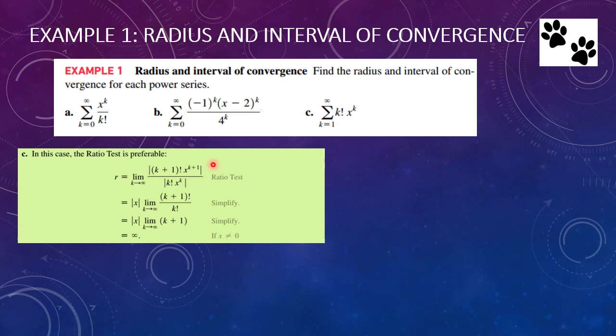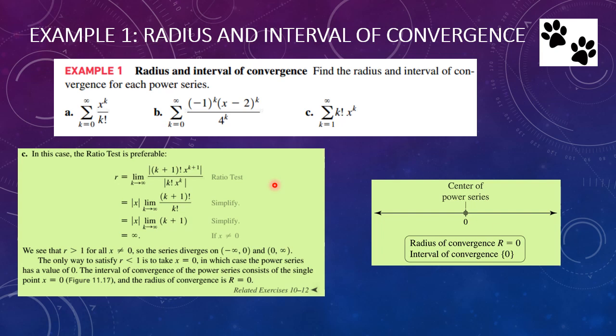Again, this is similar to before, where we'd have k plus 1 factorial over k factorial, and x to the k plus 1 over x to the k. So this just simplifies into the absolute value of x times k plus 1. And again, similar to part A, that x can come outside of the limit because there's no factor of k in it. So as we apply the limit as k goes to infinity of k plus 1, we see that that goes to infinity.